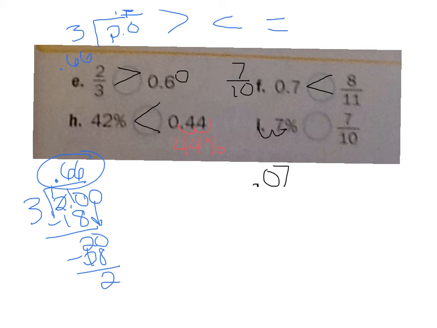Now, that still doesn't help me, so let's convert that into a fraction now. 0.07, 7/100ths, is the same as saying 7 out of 100. Is 7 over 100 less than, greater than, or equal to 7 over 10? Well, I'd rather get 7 out of 10 correct on a quiz than 7 out of 100. So 7 out of 100 is going to be less than 7 over 10.